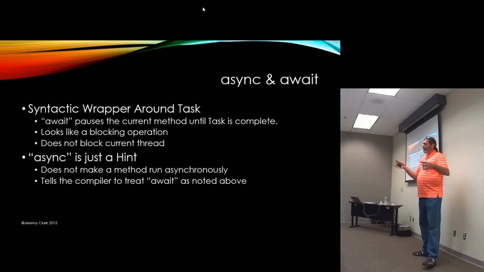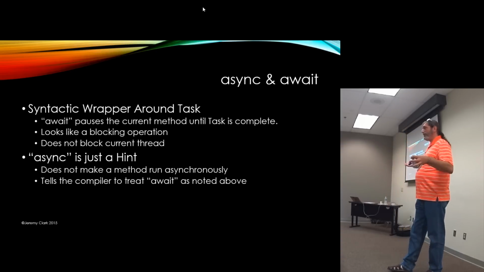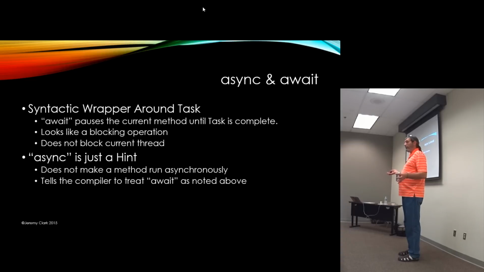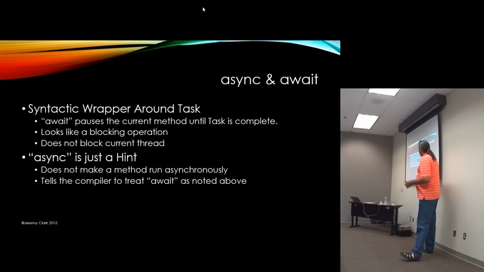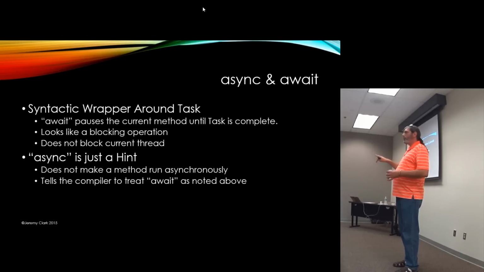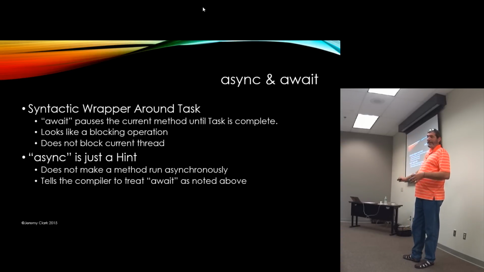So it's possible if you were coding in .NET 4.0 and earlier, you might have had something in your code called await, maybe the name of a delegate or a variable. So if we flag our method as async, it says, okay, if you find the word await in this method, I want you to treat it in this special case. So that's really what it is. It doesn't actually do anything unless you have an await somewhere in your method itself.